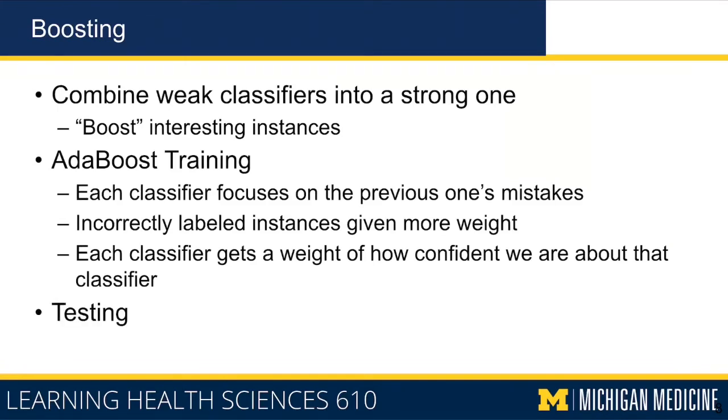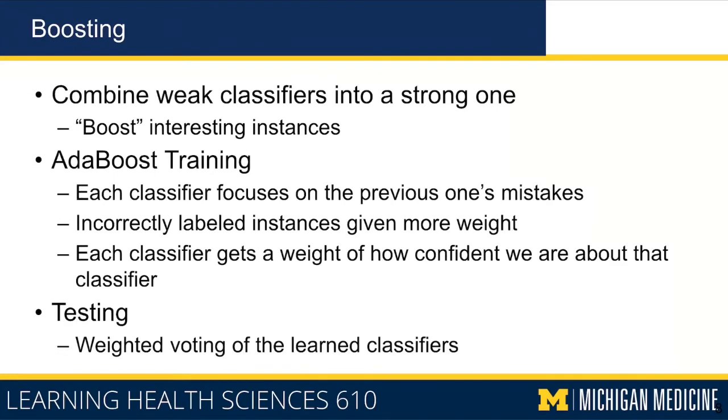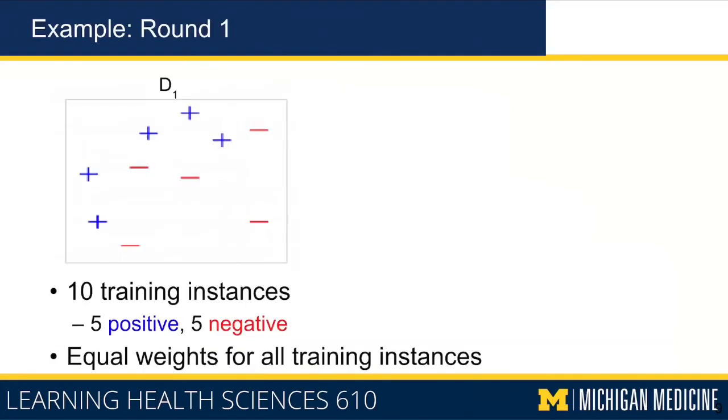Then you know that model itself is not a very good model, so you may downweight that entire classification model, because it was not a strong classifier, right? And then in the testing phase, you have a weighted voting of these learned classifiers.